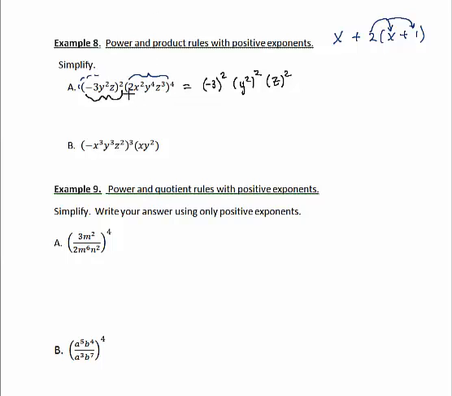Now we're getting rid of this second set of parentheses, and we write 2 to the 4th power, the x squared to the 4th power, the y to the 4th power, and the z to the 3rd to the 4th power.